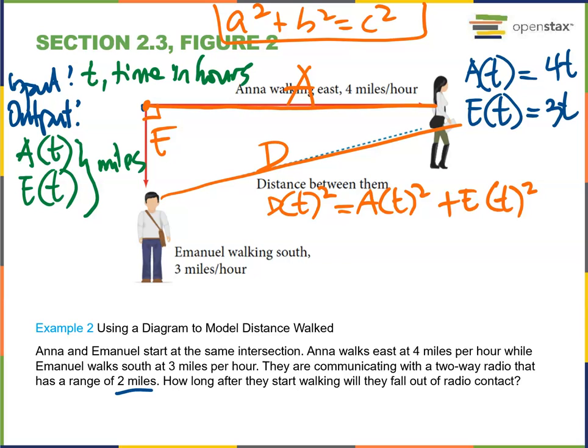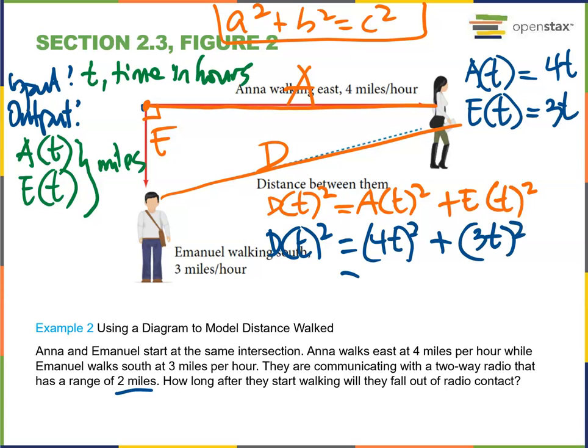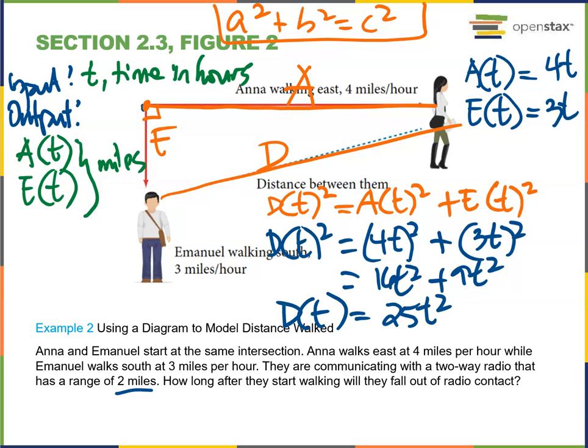So d of t squared, our a of t is 4t, so 4t squared plus e of t is 3t. 4t squared is 16t squared, 3t squared is 9t squared, 16 plus 9 is 25t squared.